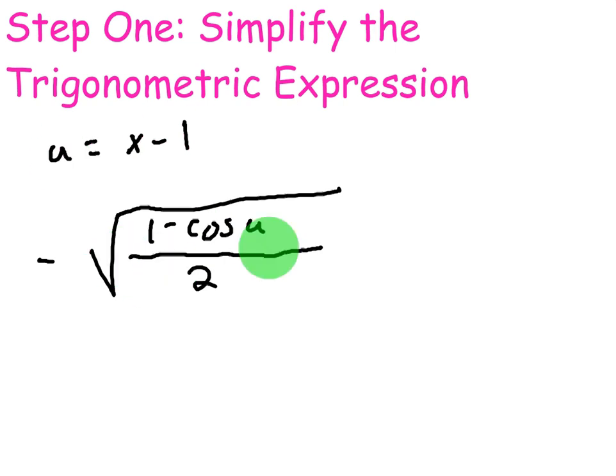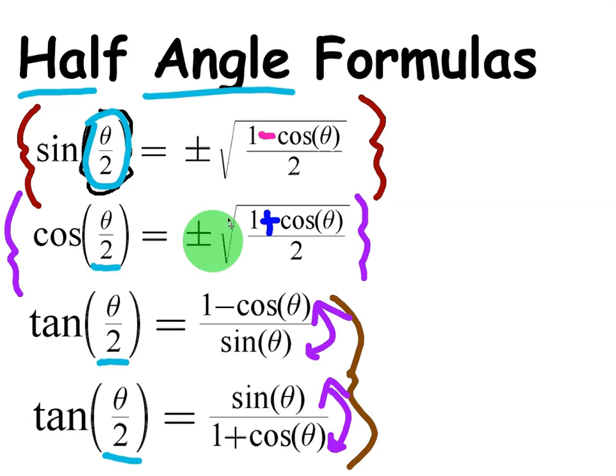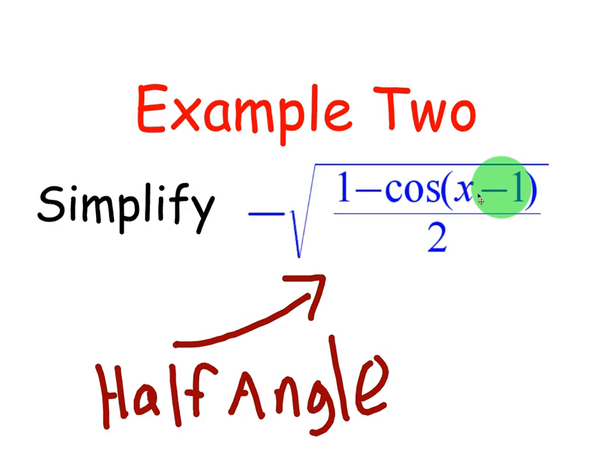Here's the problem: inside of these parentheses we have x minus 1, and we can't have that for a half angle formula. It's just a single variable in there, theta, or you could say x, it doesn't matter. So the point is that we've got to get it to look like one of these, and right now it doesn't.